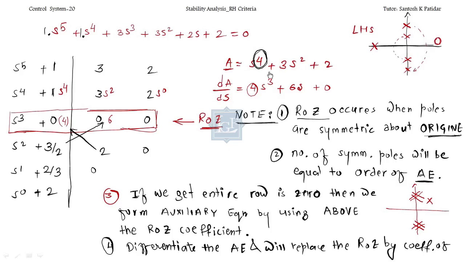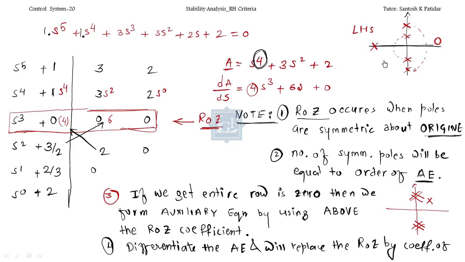What it means is your 4 poles will be on the imaginary axis for sure. This is the symmetricity of the poles. Total poles you have 5 for this question, because the order of this equation is 5. So the remaining, the 5th pole will lie over here. I think it's clear now.